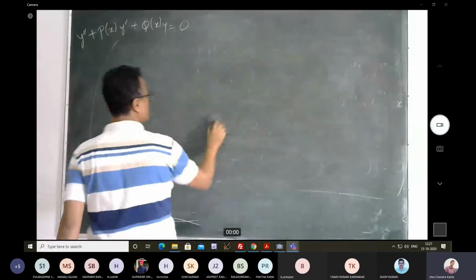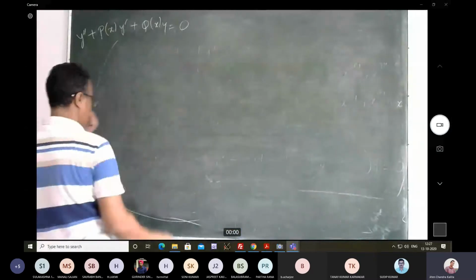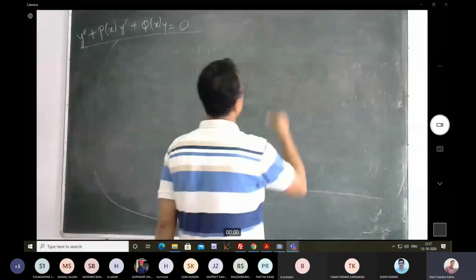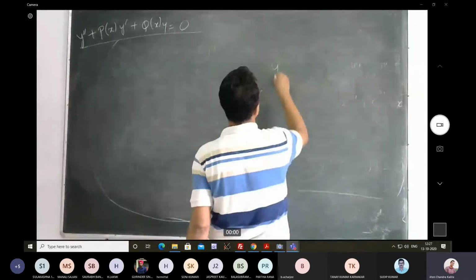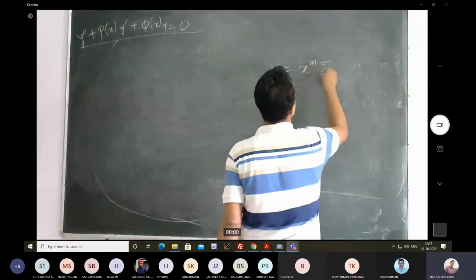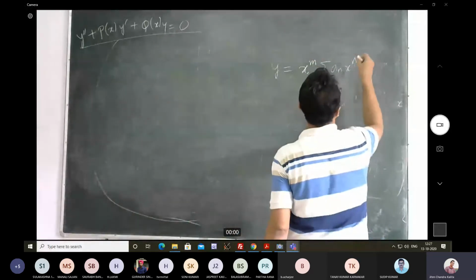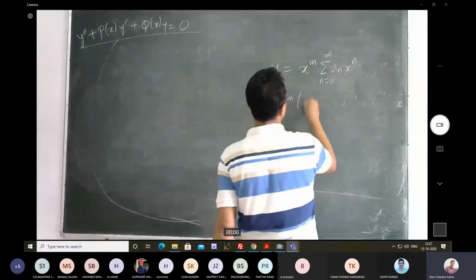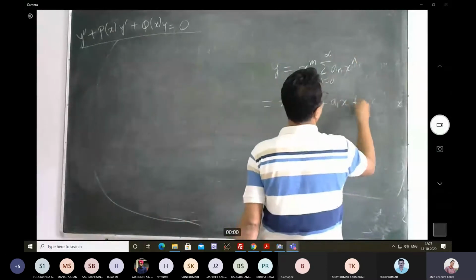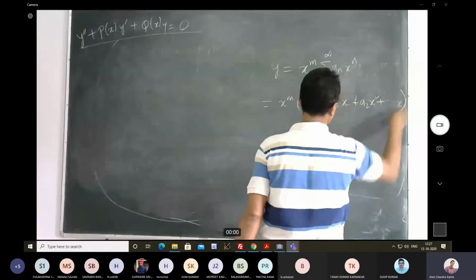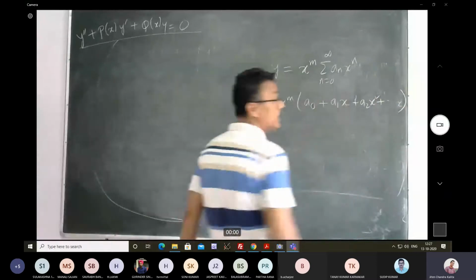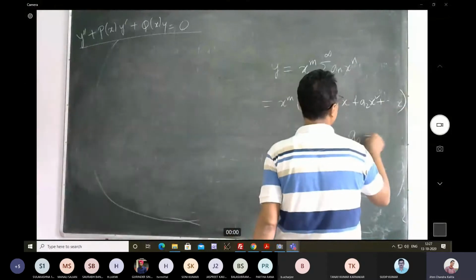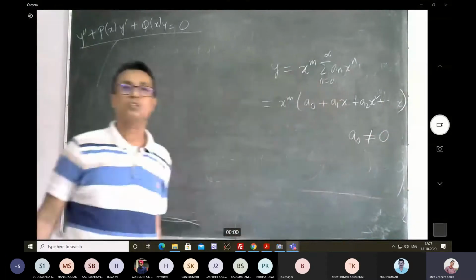I have told you that for this equation, we are going to seek a solution of this form, sum from 0 to infinity, or if I expand it, it is going to be something like this. Here, one thing you have to remember is that we are always going to assume that A naught is not equal to 0.